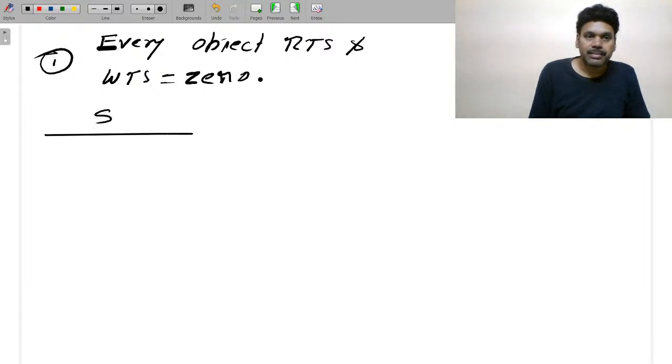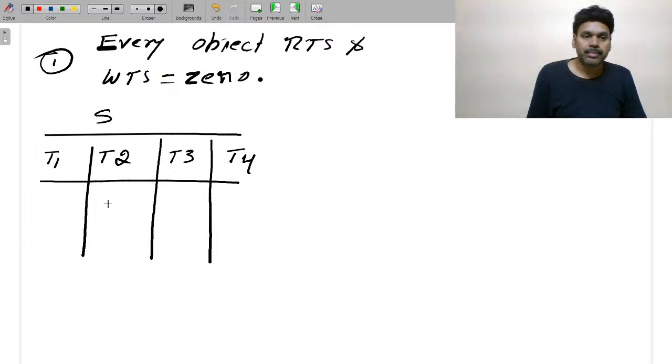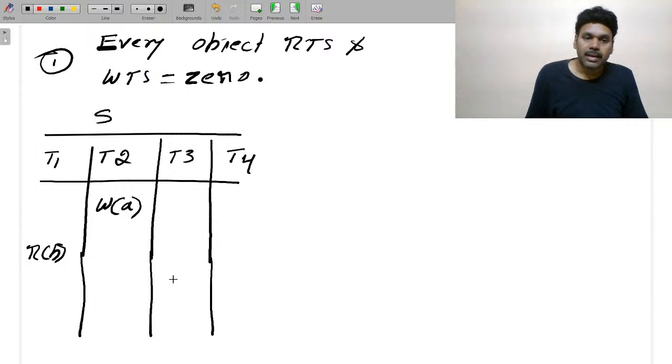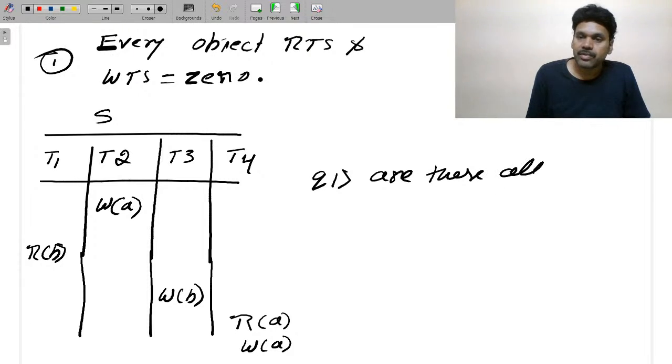So the schedule has T1, T2, T3 and T4: W of A, R of B, W of B, R of A and W of A. Question number 1. Are these allowed in TSO?